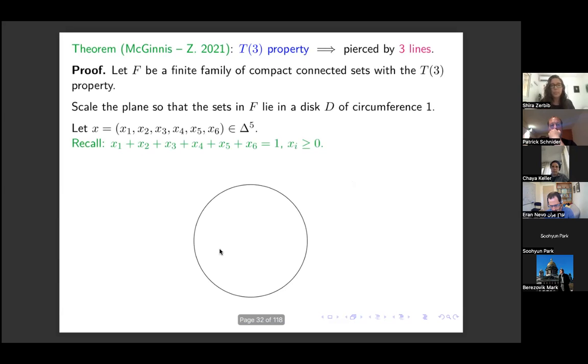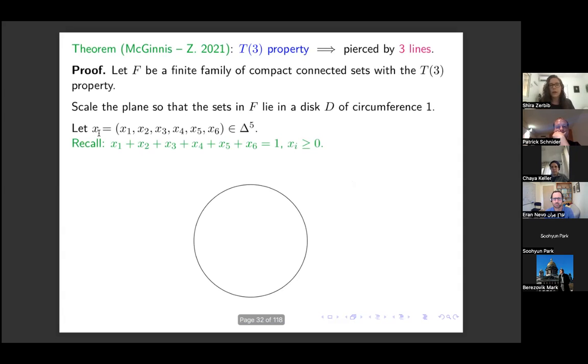I assume that all the sets in my family lie inside this disk. And I want to use the KKM theorem, so I have to introduce some simplex and the KKM covering of the simplex. In this proof, our simplex will be of dimension 5.